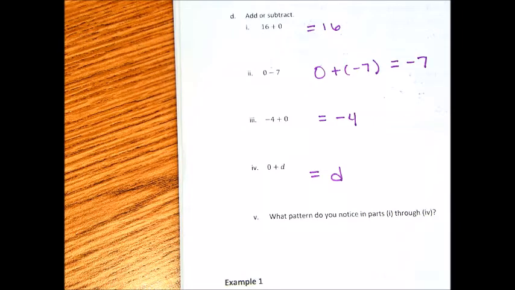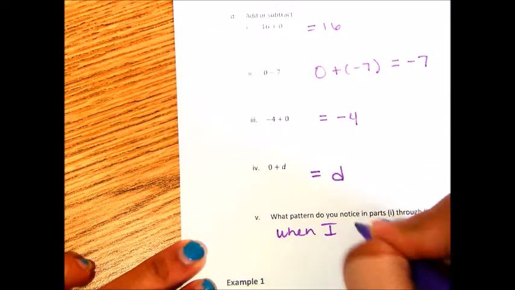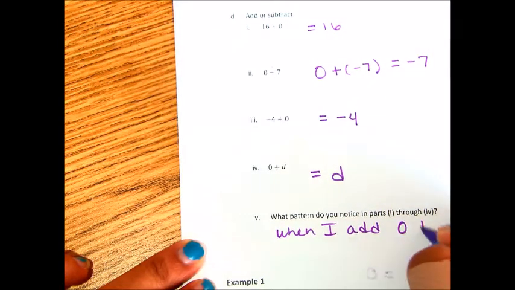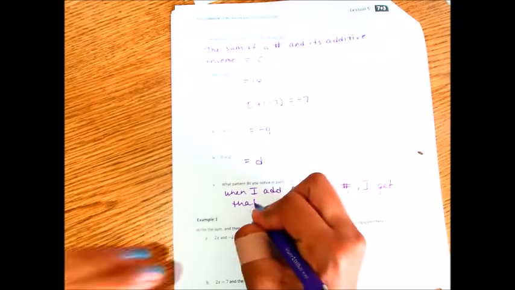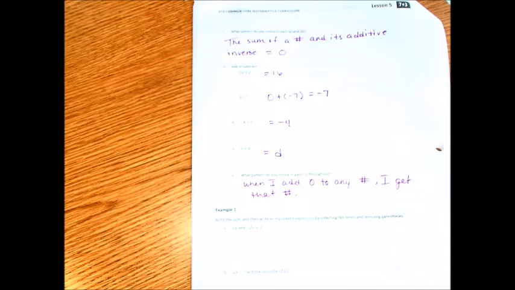Yeah, you should notice that the sum of any quantity and 0 is equal to the value of the quantity. When I add 0 to any number, I get that number. Cool. Go ahead and find example 1 in your packet.